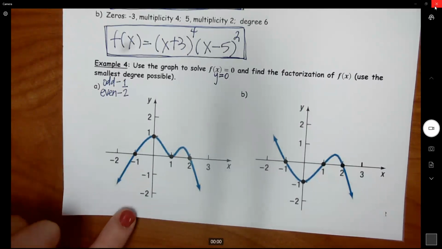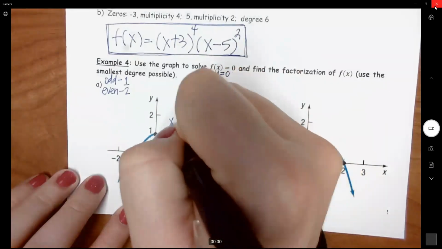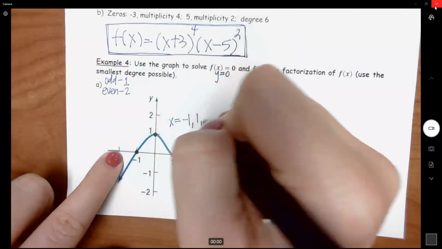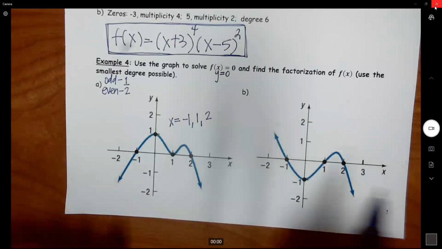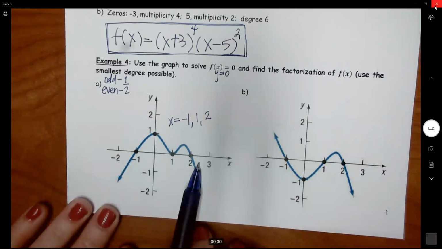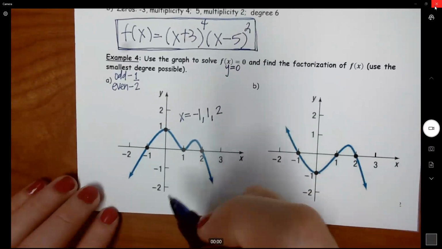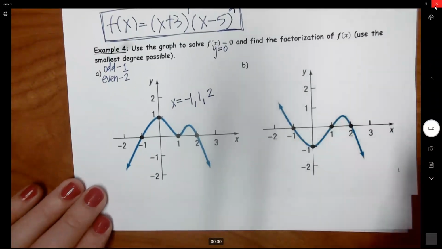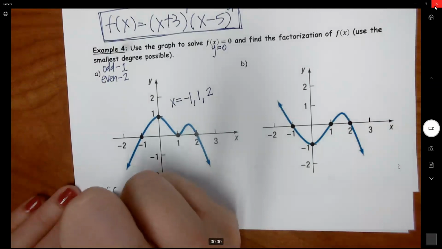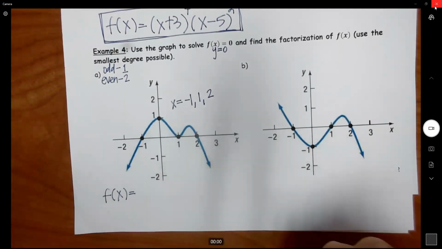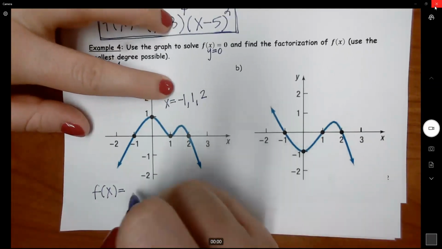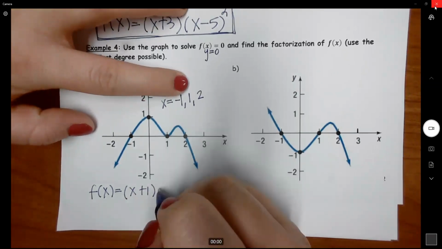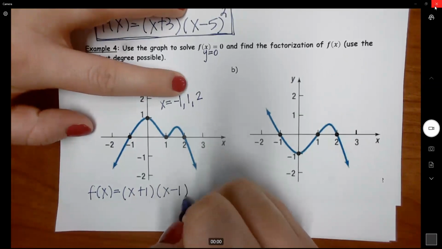So here, my zeros are -1, 1, and 2. We got -1, 1, and 2. So when I factor this, this -1 becomes x plus 1. This +1 is x minus 1.